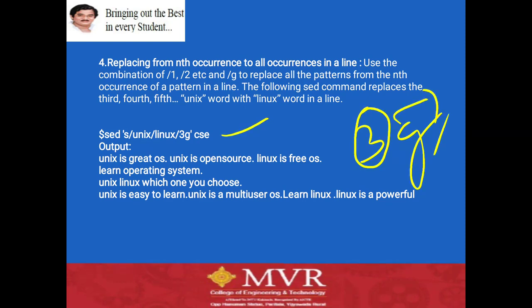So from 3 to global means that irrespective of how many times Unix exists, all the remaining ones will be replaced by Linux. Got it? This is what SED can do for substitution. I think these are four examples.